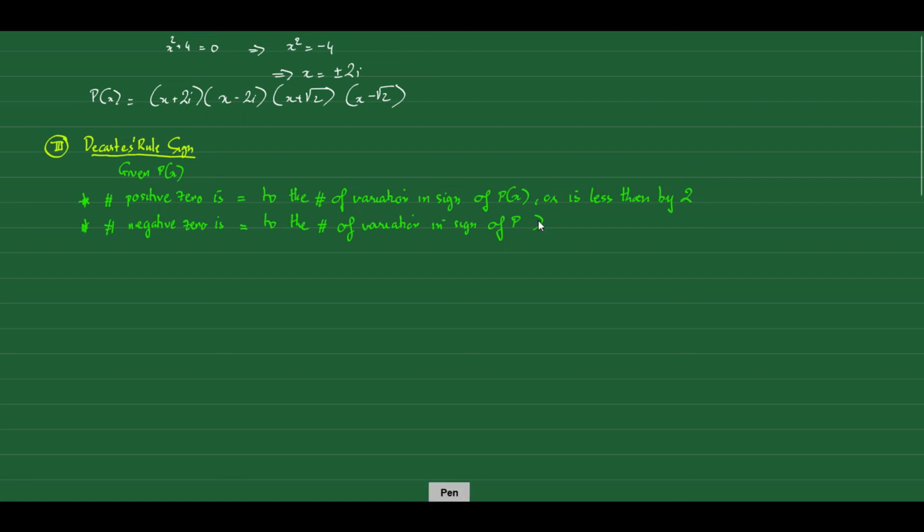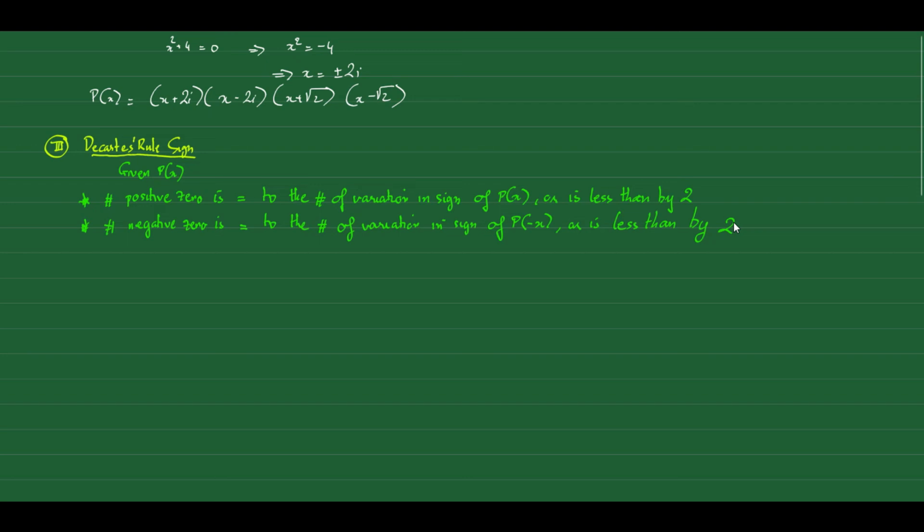Sorry, this is not P of x but P of minus x, or is less than by 2. I'm sure when you read it, it's still confusing, but when you do a couple of examples, it's not really that bad.